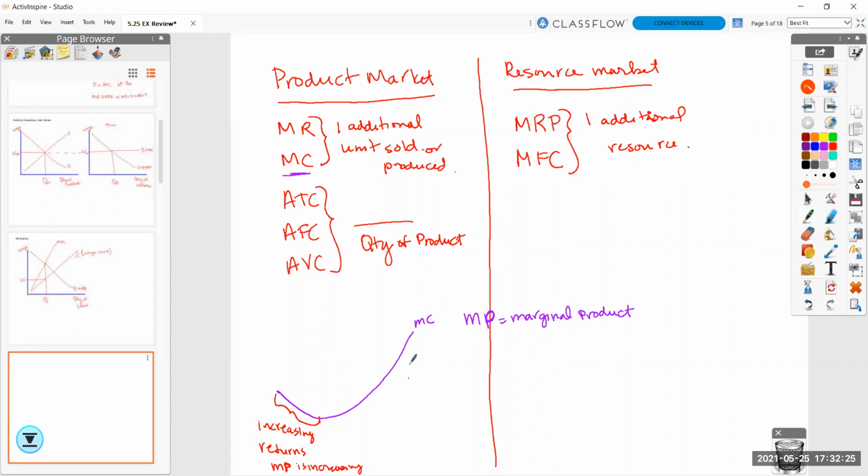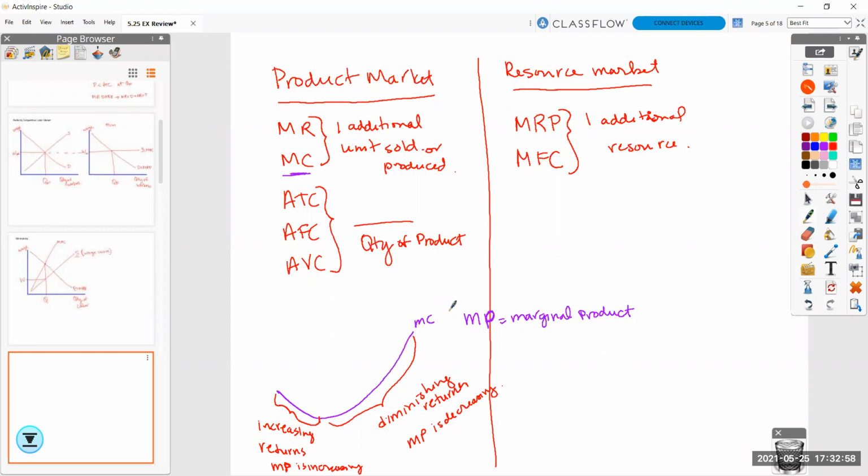This portion over here, sometimes they call it diminishing returns or decreasing returns. This is where our marginal product is positive in both of these, but the marginal product is decreasing. So this is how the marginal product is tied to the product market.